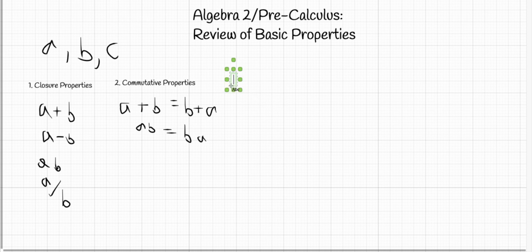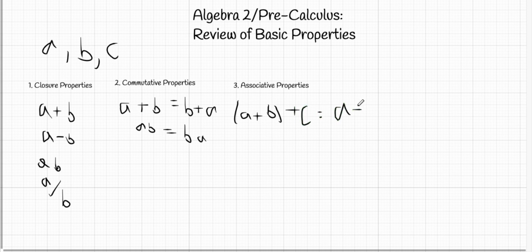Similarly, we have the associative properties. These properties also only affect addition and multiplication, but they're a bit different. It basically says that you can place parentheses around any two terms you want. A plus B plus C, it'll always be equal to A plus B plus C. If you notice the emphasis in my voice, that's where the parentheses are.